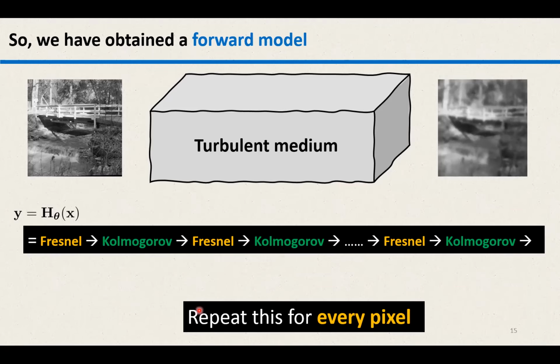And don't forget that you need to repeat this process for every pixel. And so if you have a cameraman image 256 by 256, you're talking about 65,000 pixels. And you need to repeat this Fourier transform and then Kolmogorov power spectral density, and then another Fourier transform, etc., for 65,000 pixels. And this is extremely time consuming.